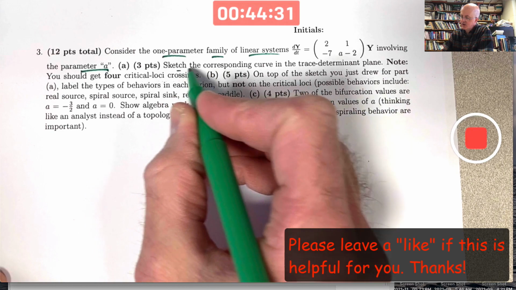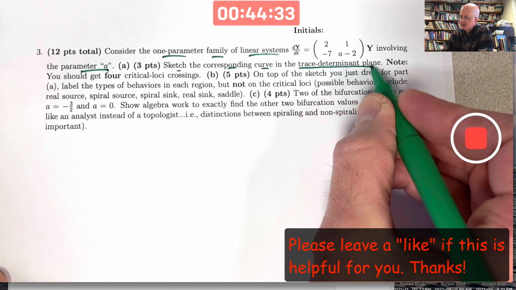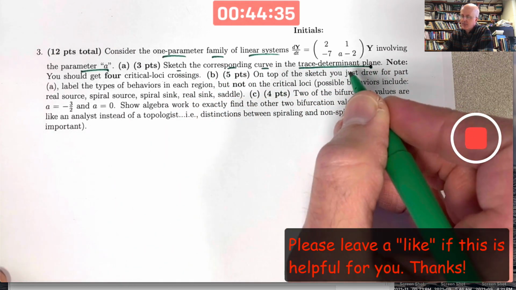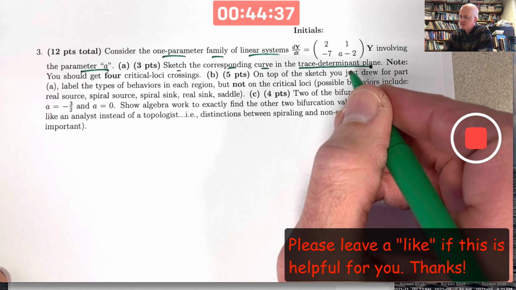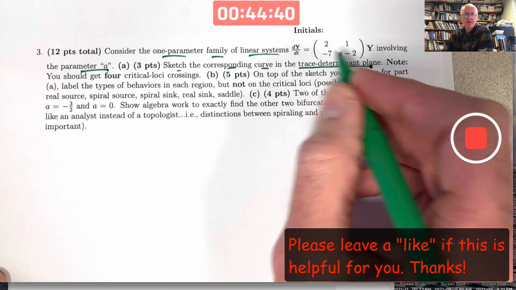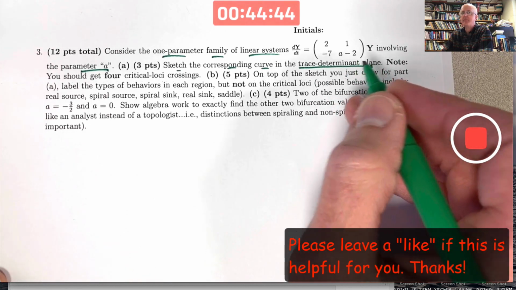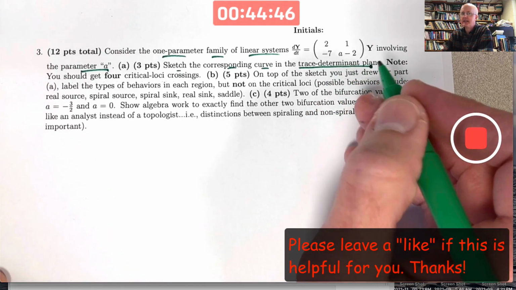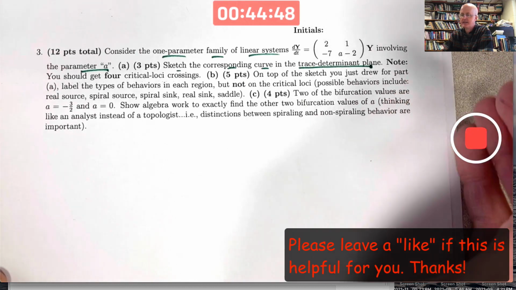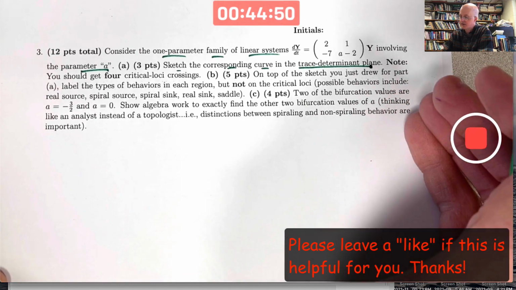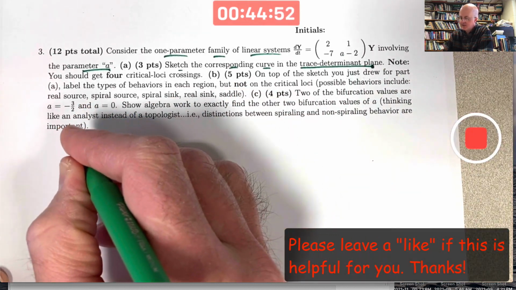Part A says, sketch the corresponding curve in the trace-determinant plane. What's the corresponding curve? Figure out how the trace and determinant depend on a, and then plot that as a parametric curve in a TD plane, a plane whose axes are labeled T and D for trace and determinant. It's easier to do than it sounds.